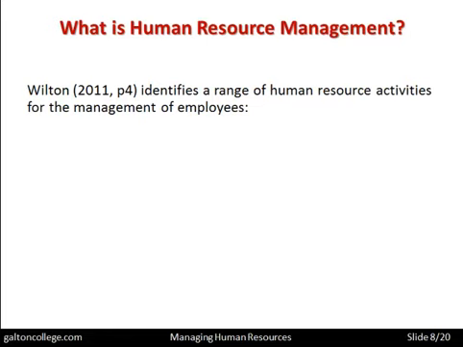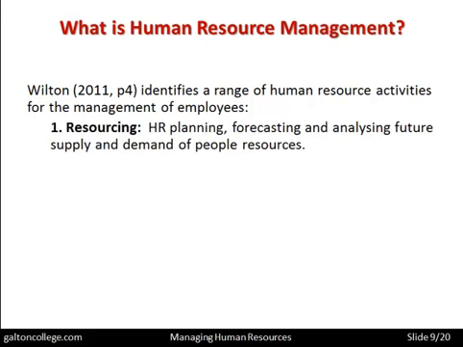Wilton identifies a range of human resource activities for the management of employees. For example, resourcing, HR planning, forecasting and analysing future supply and demand of people resources. The organisation must be adequately resourced from a human perspective. They must have the right personnel in place, and the right personnel should have the right skills.